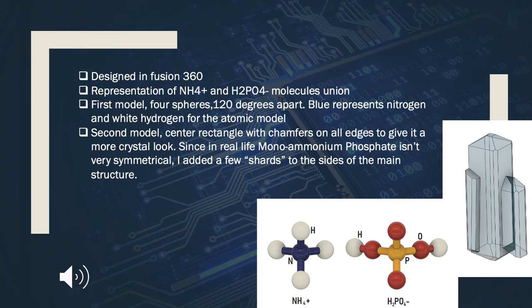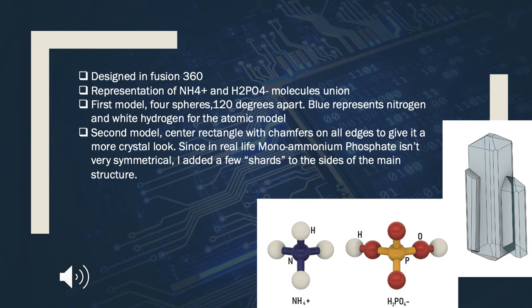Now I wanted to explain a little bit more how I did the 3D model and also a representation of the molecules. I used Fusion 360. We have here the representation of the NH4+ and H2PO4 molecules union. For the first model, I identified the molecular structure of monoammonium phosphate and how it would look graphically.